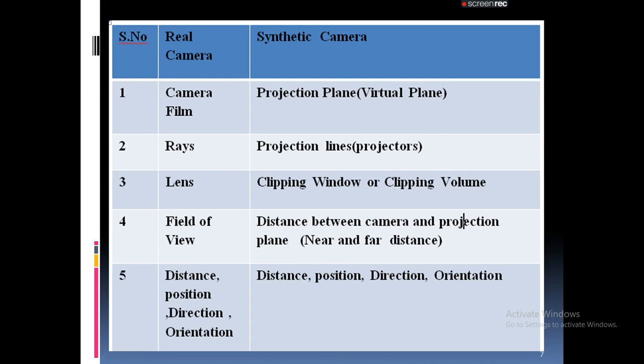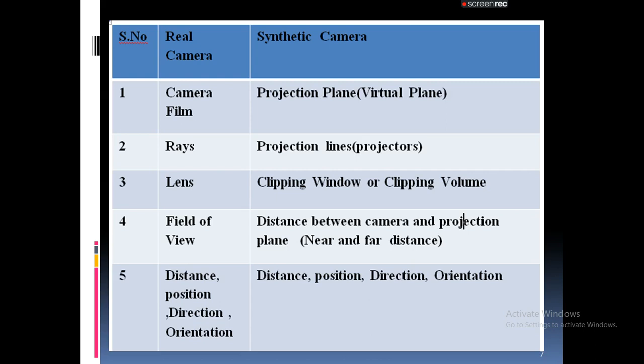So our clipping volume has 6 different planes, or I can say that our clipping volume contains 6 two-dimensional clipping planes that define the width of the object, means what is the maximum width of the object I can capture, what is the maximum height, and what is the maximum depth of that particular object I can capture.